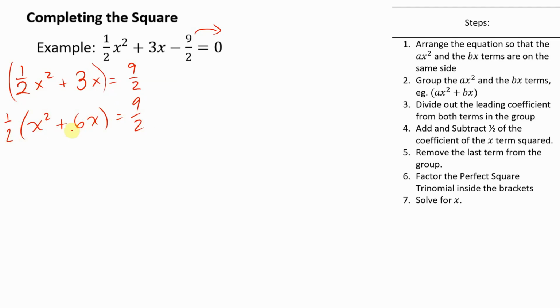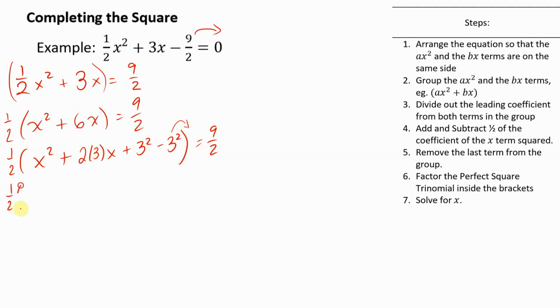Next, we want to add and subtract half of this squared. So half of 6 is 3. So we want to add 3 squared, and we're also going to minus 3 squared. Now we can take this 3 squared out.